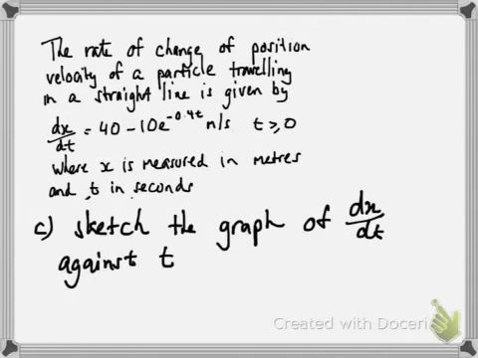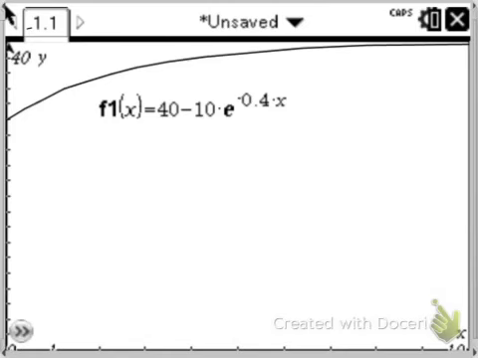Next question. Sketch a graph of dx/dt against t. So that's a matter of putting this equation into the calculator and graphing it. And you can see I've done that there. I've kept all the axes in. You might think, well, gee, there's a lot of wasted space here, Mr. Moore.